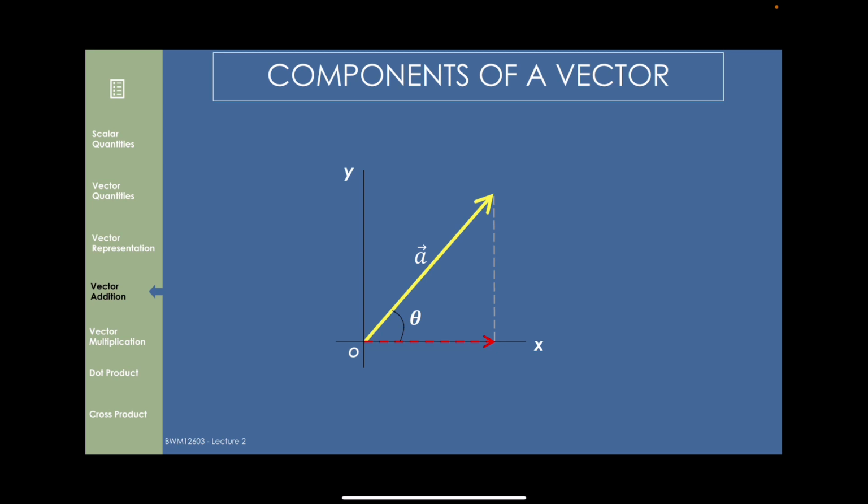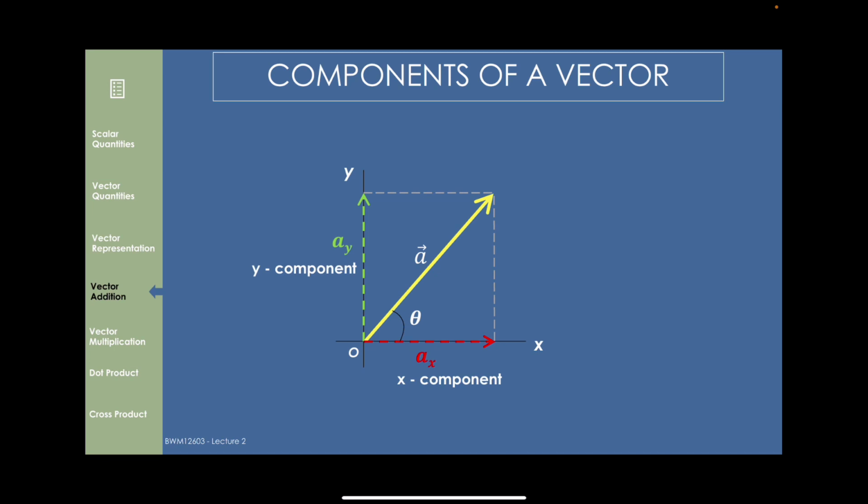It is represented with A subscript x and called the x component. Similarly, we draw a perpendicular from the head of vector A onto the y-axis to find the y component, and from the origin until this perpendicular will be the y component of vector A, which is represented as A subscript y and called the y component.